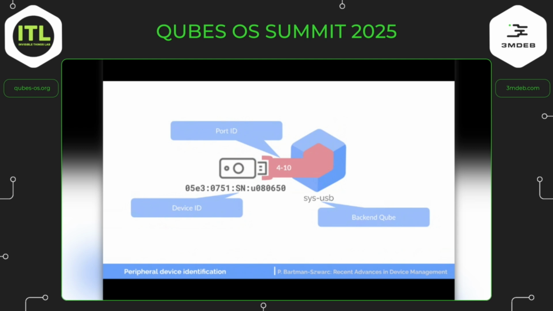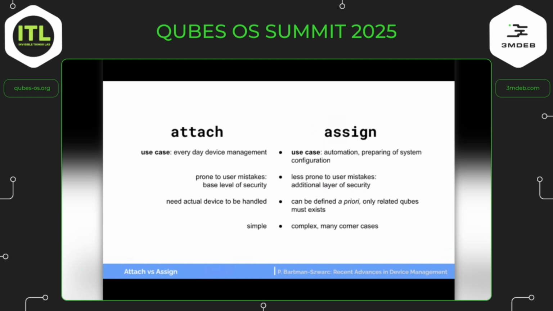It's pretty simple, but it's also more prone to user mistakes. For example, by misclicking, we can attach the device to a cube like vault, where we do not want to attach any devices. And this can jeopardize the safety model.